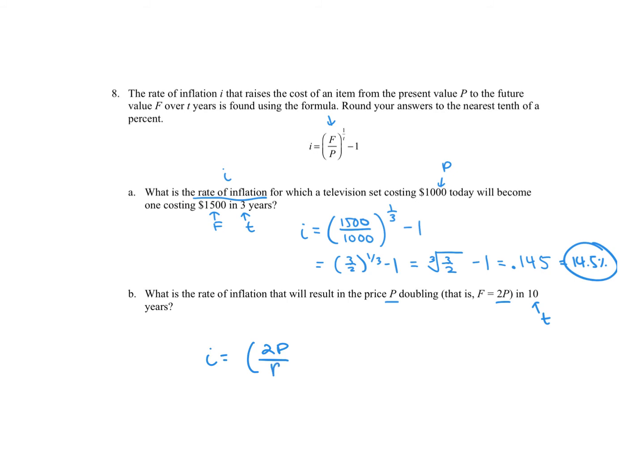For present value, we just put P. And to the 1/10th power this time, minus 1, those P's cancel, and we get 2 to the 1/10th minus 1. And you can plug it in like that, or again, you could do a 10th root if you press Math and choose the radical where you get to pick what the index of the radical is, and you should get about 0.072 or 7.2%.